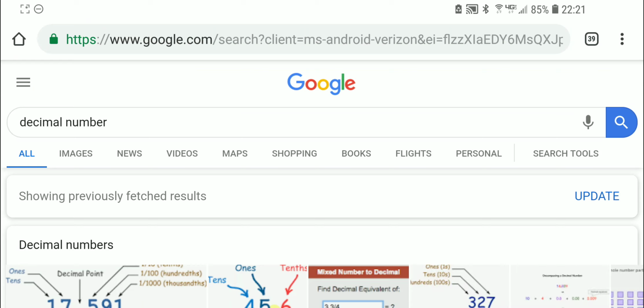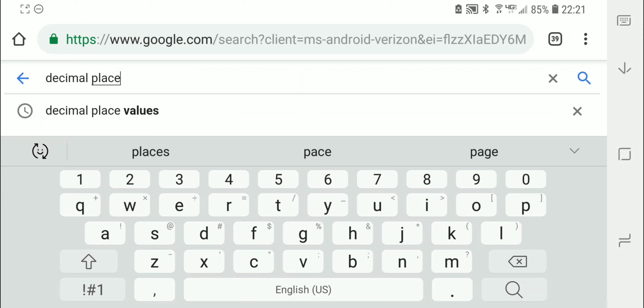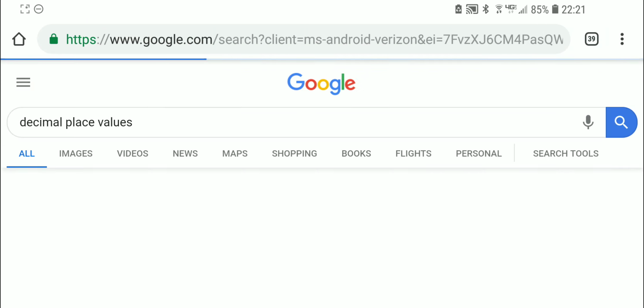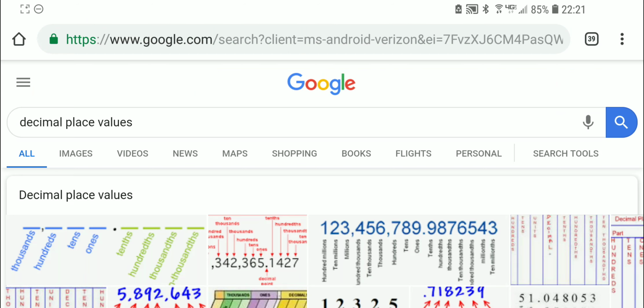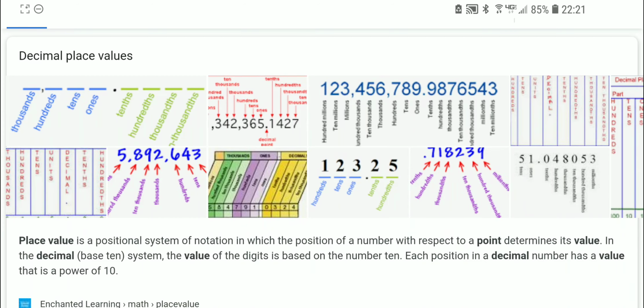And then we can also put down decimal place values. What that really means, as you can see right here, is we're talking about what the decimal system is showing you. In other words, it's a code saying if there's a digit here with a certain value, then that's the value of the number.